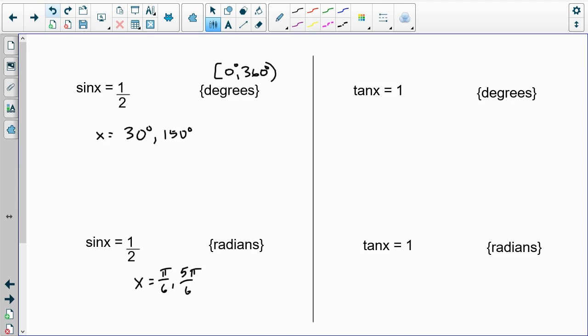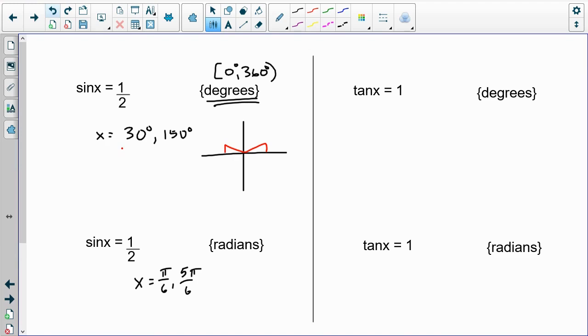So if it's any value of degrees, sine is 1/2 at 30 and 150. We can't just restrict it to between 0 and 360. We also have to look at every single possible coterminal angle that there is.